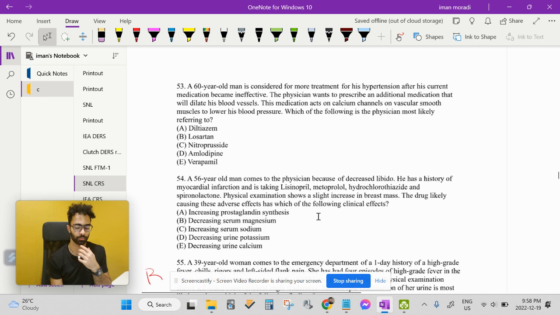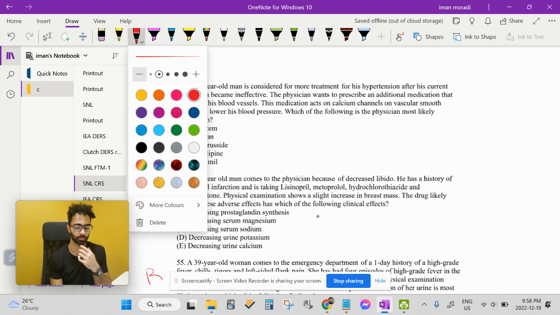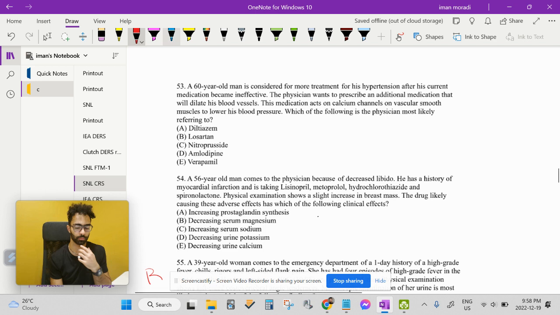So again, a 60-year-old, considering treatment for hypertension. His current medication is ineffective. Dilate his blood vessels. So this acts on the calcium channel of the smooth muscles to lower the blood pressure, right? Remember I said these are the muscular arteries.